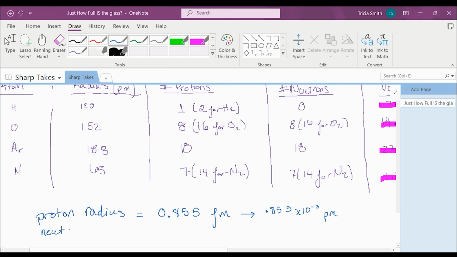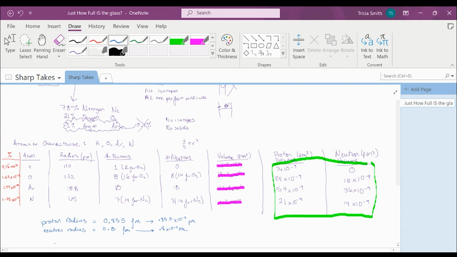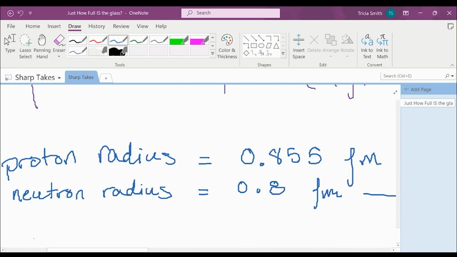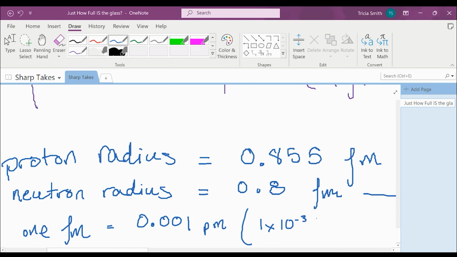The neutron radius is equal to 0.8 femtometers, or 0.8 times 10 to the negative 3 picometers, and that 1 femtometer is equal to 0.001 picometers, otherwise known as 1 times 10 to the negative 3 picometers.